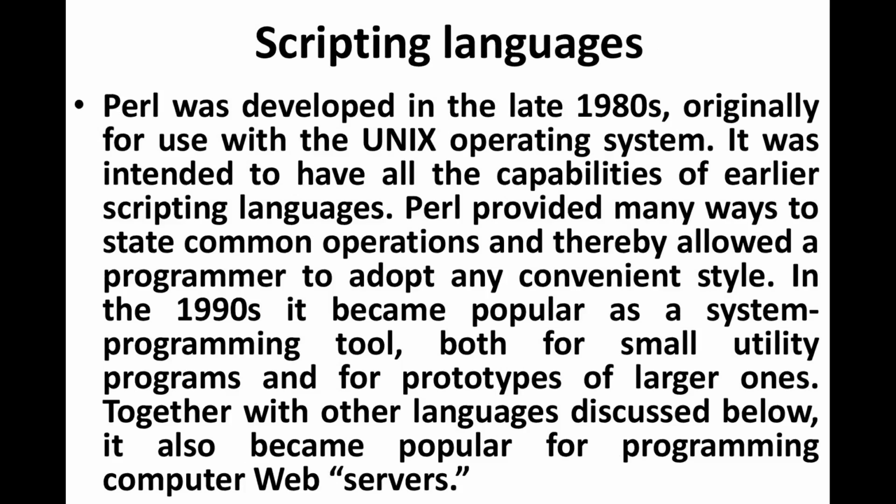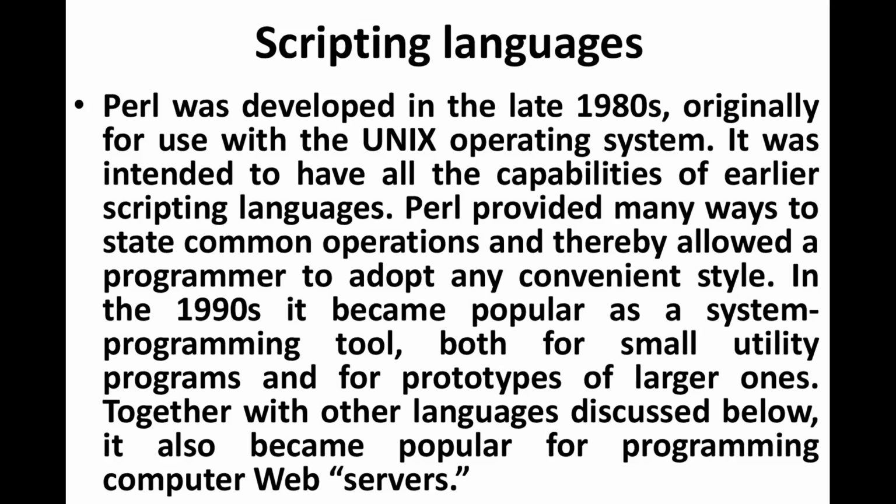Perl was developed in the late 1980s, originally for use with the Unix operating system. It was intended to have all the capabilities of earlier scripting languages. Perl provided many ways to state common operations and thereby allowed a programmer to adopt any convenient style.